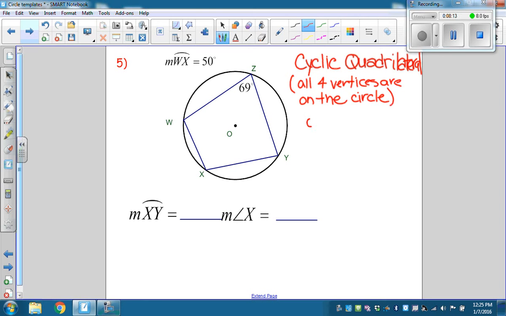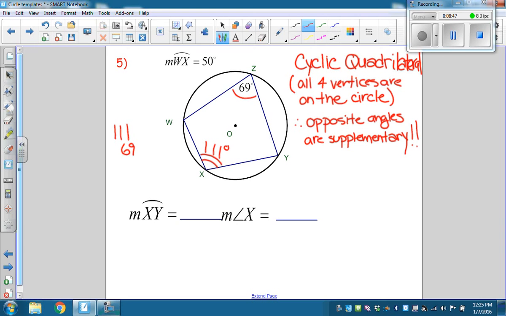Because of that, opposite angles have to be supplementary. So if this is 69, this has to be the supplement of 69, which is 111 degrees, because 111 plus 69 adds to 180. And then that's this.